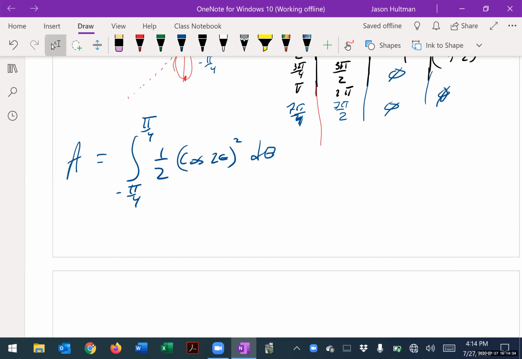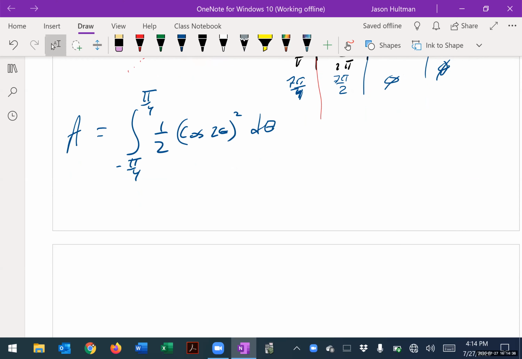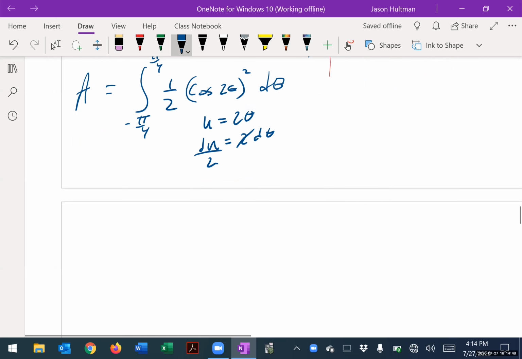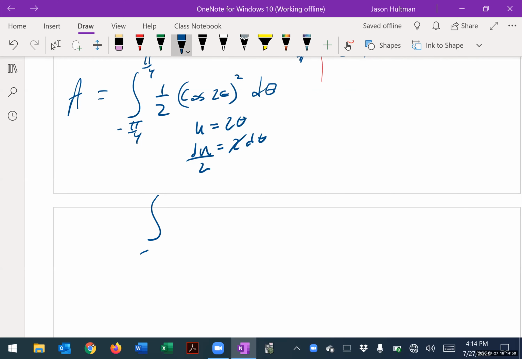So let's do this integration. I'm going to let u equal 2 theta. Du is equal to 2 d theta, or du over 2 is equal to d theta. I'm going to pull the 1/2 out, -pi over 4 to pi over 4.